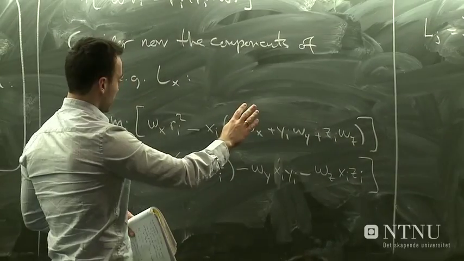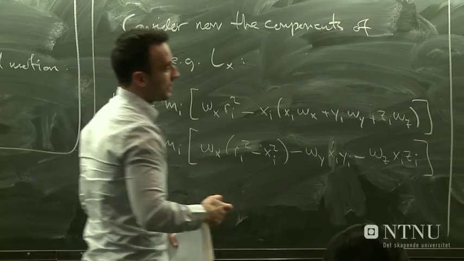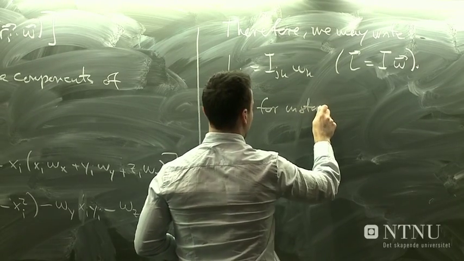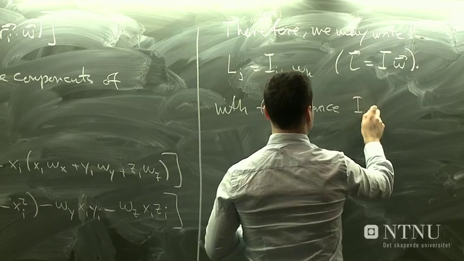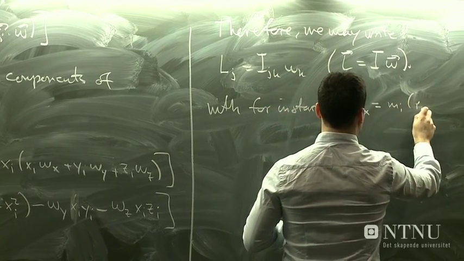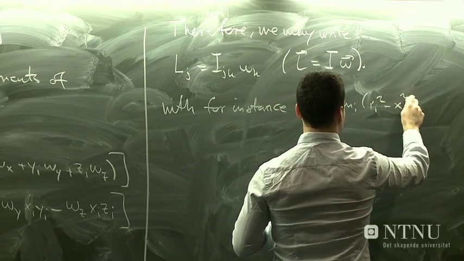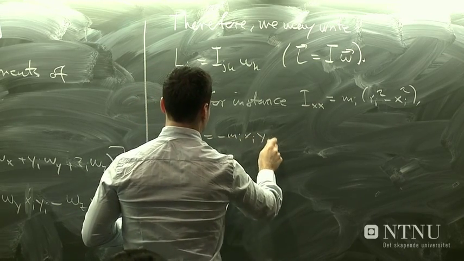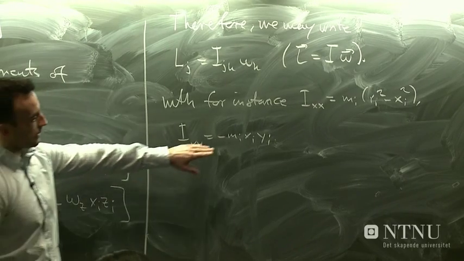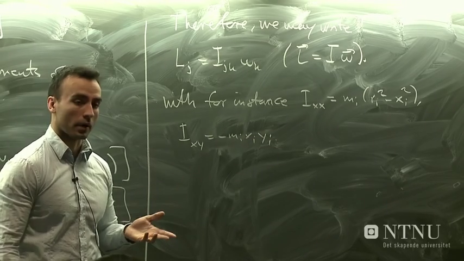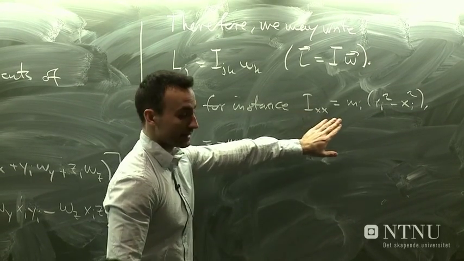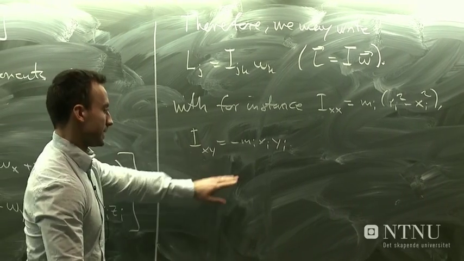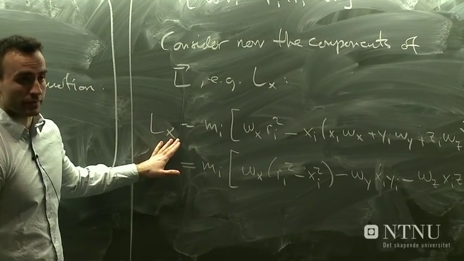And by comparing this general form with this explicit form for Lx, we see that the Ixx, or the I11, if you will, element of this matrix I is given like this, and the Ixy, or I12 element, if you will, is given like this, just by comparing with this expression for Lx.